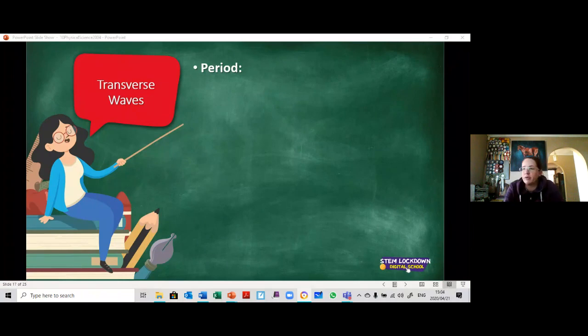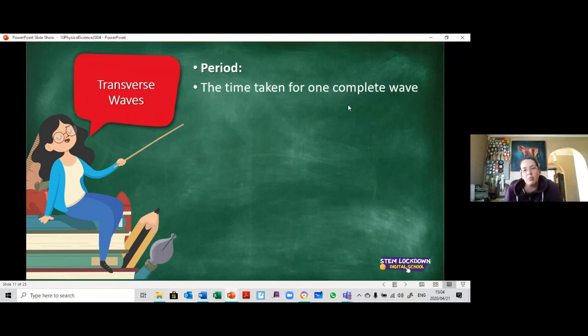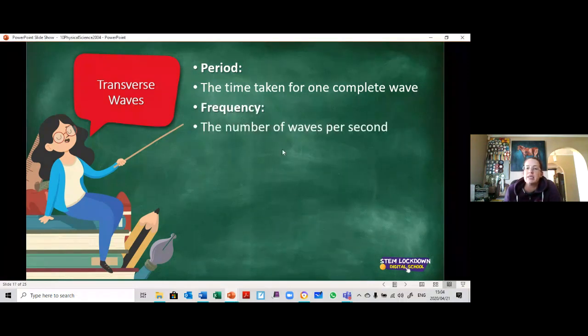Okay, so let's get back to some actual thinking. Let's focus. The period of a wave is the time taken for one complete wave. It is time, so it is measured in seconds. The frequency is the number of waves per second.